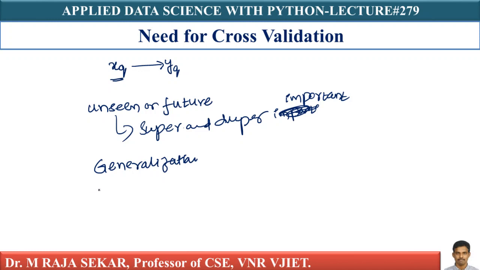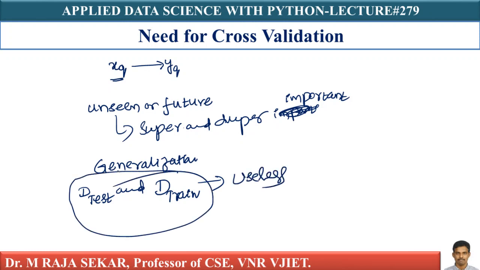If my function performs very well on D-test and D-train, then it's useless, because once I productionize my system, it is extremely important in machine learning to work on unseen data.